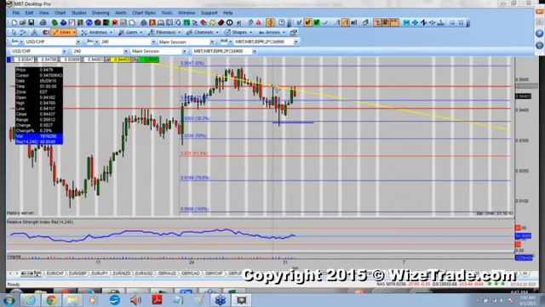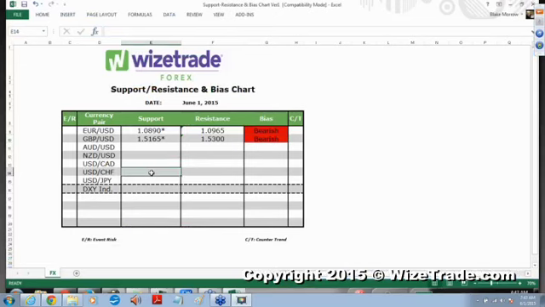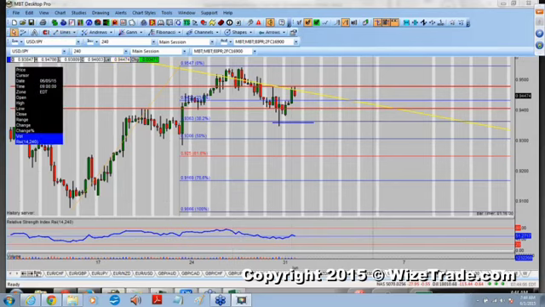So that comes in at 0.9480, 0.9350, and I have no idea what to do with it. We're in a range. Okay, let's go take a look at the yen.